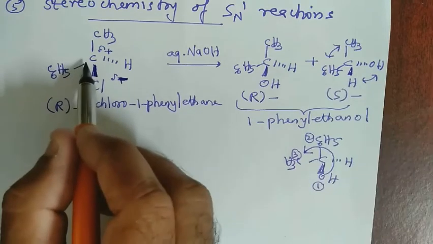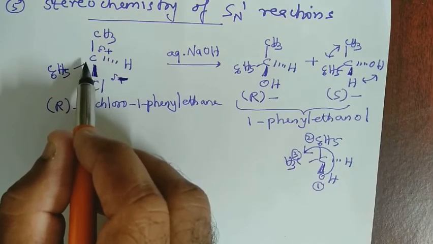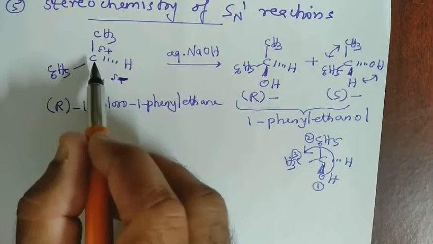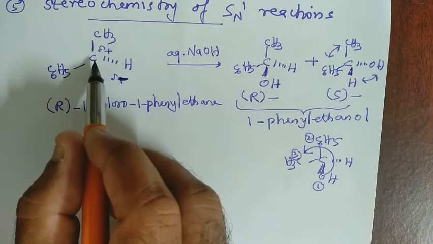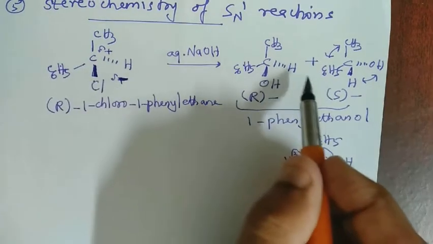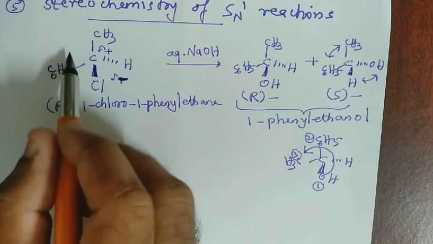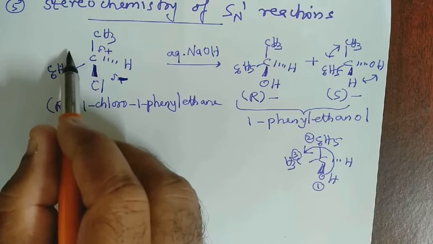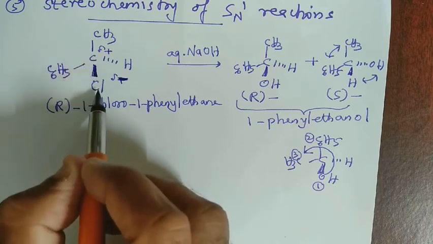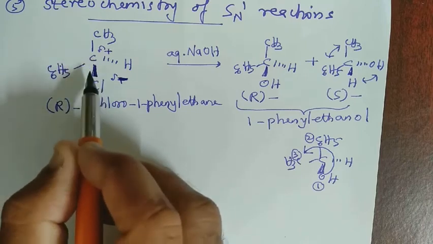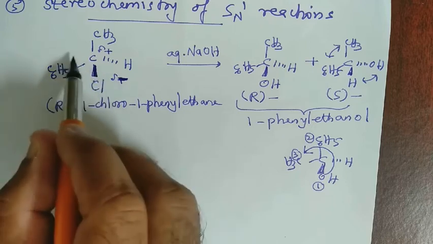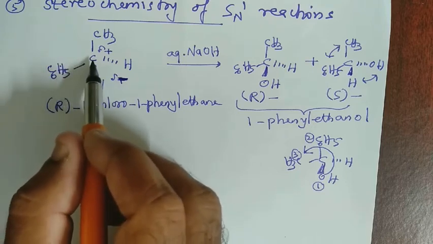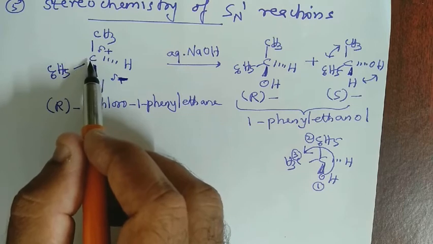Then only OH minus can approach this carbon. Rear side approach is easier. The OH minus ions can be crowded behind this carbon atom, that is from a direction opposite to Cl. As soon as chlorine departs, OH can make a bond with this positively charged carbon.